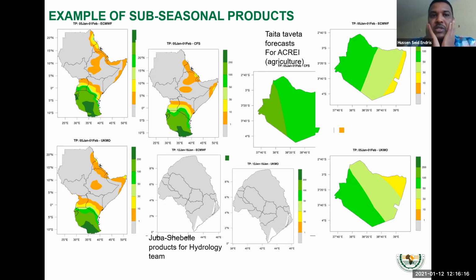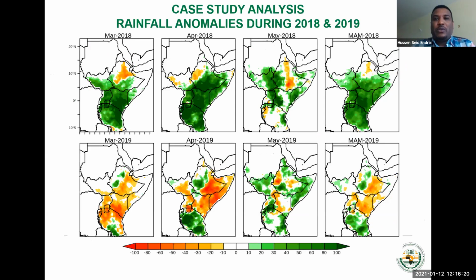Another one, we use ECMWF data, which is mainly the ERA5 data, which Roger was talking about yesterday on how to access. So when there is an extreme year, like a dry year or a wet year, the main thing is to understand the large-scale circulation features.